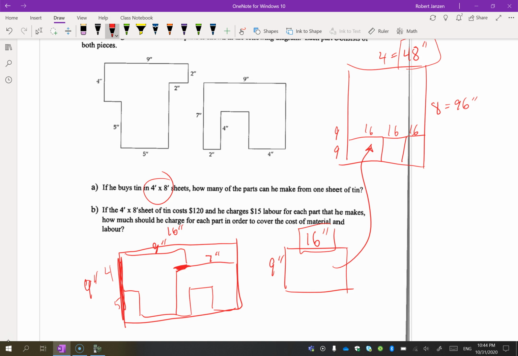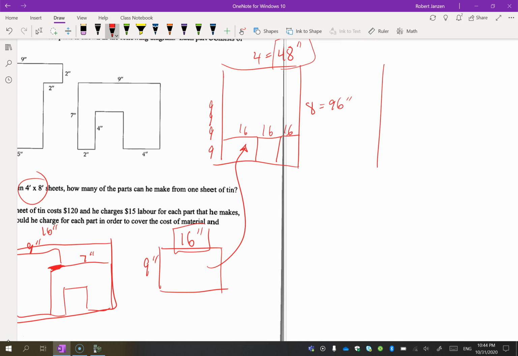Well, if you go 9 times 10, you're going to get 90 inches. So you're going to have 3 pieces this way, and if we go 9 inches here, you're going to get 10 of them. That's going to get you 90 inches. So again, there's going to be some waste at the end.